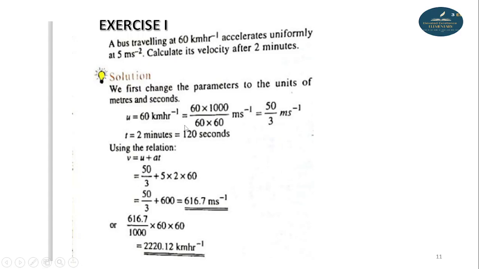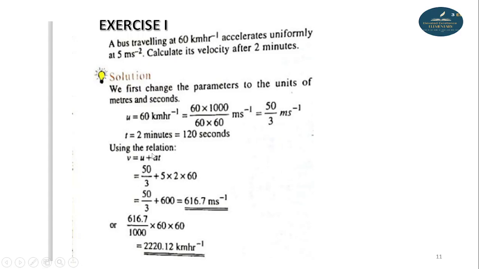Now let's begin to calculate. Let's solve for the final velocity. Based on the laws of equations of motion, there is a formula which can be used to calculate that.